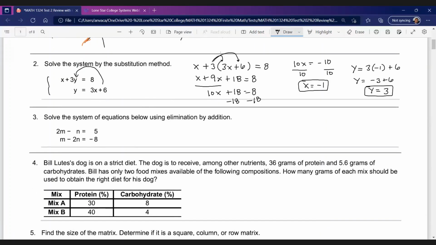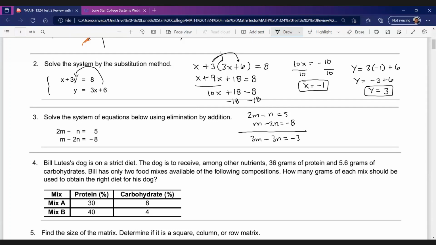Solve the system of equations below by using the elimination by addition. The idea here is this. Here we have two equations. 2m minus n is equal to 5. And here we have m minus 2n is equal to negative 8. If we add these two equations, we get 3m minus 3n is equal to negative 3.